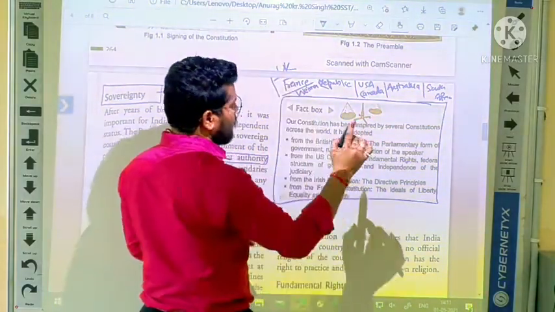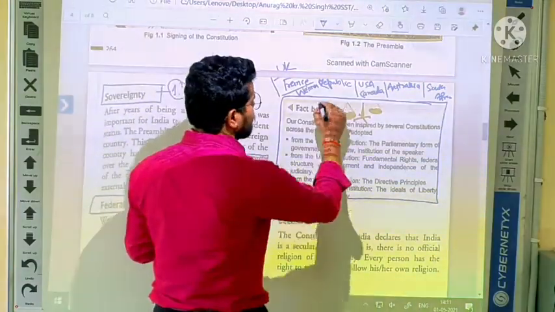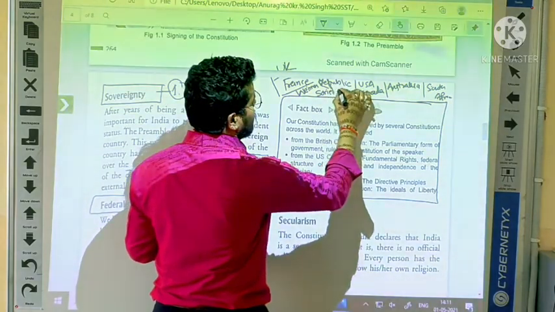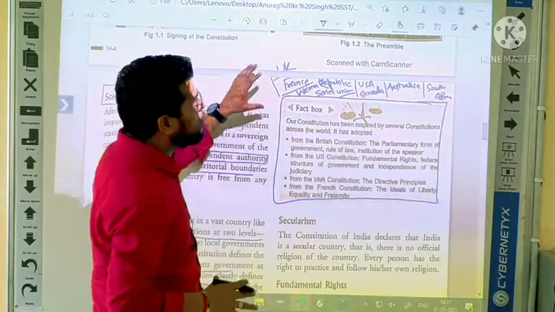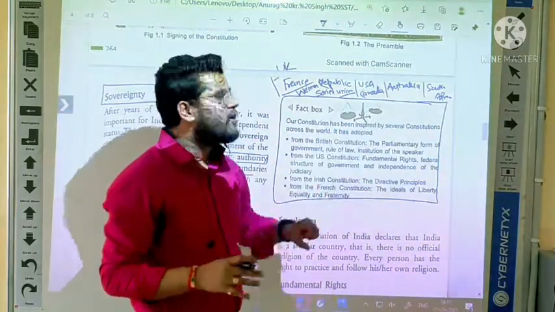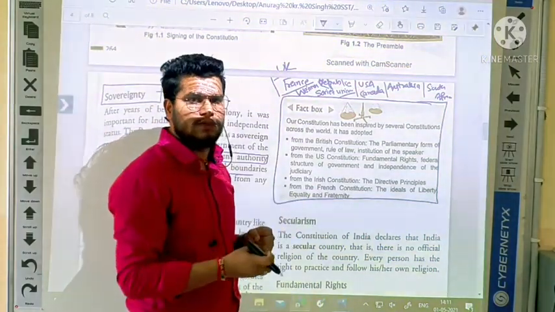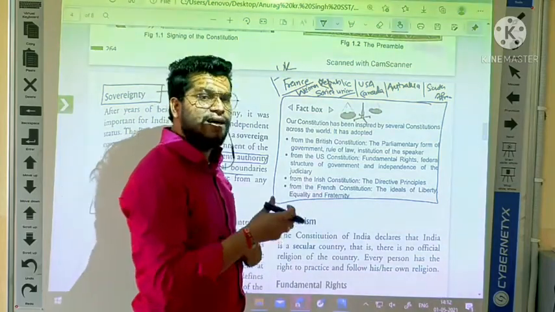Now, one more country is the Soviet Union. So with the help of all these countries, our constitution makers took some rules, some principles, some guidelines.